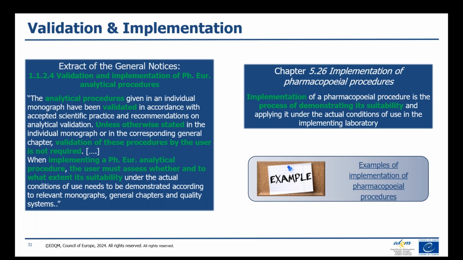And to help the user, we have elaborated a new chapter. It is chapter 526 on implementation of pharmacopoeial procedures. This chapter is only for information, and here there is a link to some examples. These examples are available in the knowledge database.